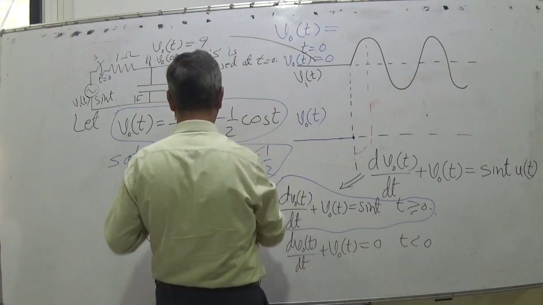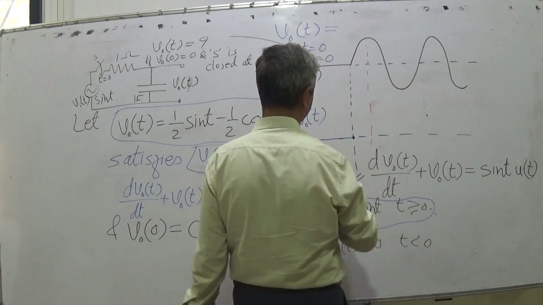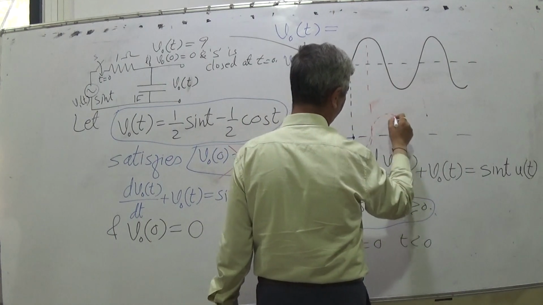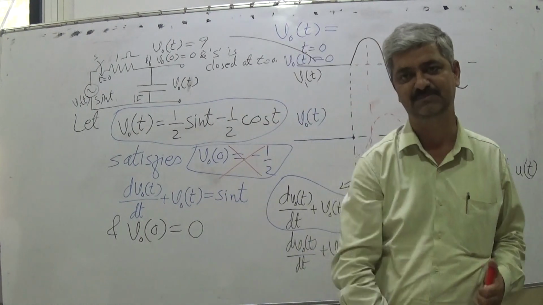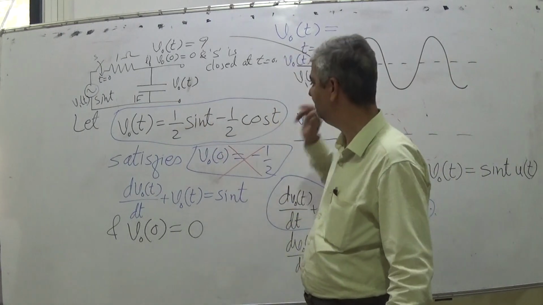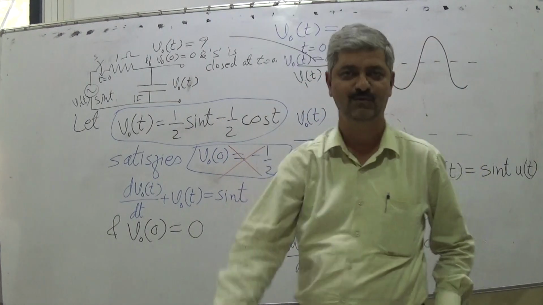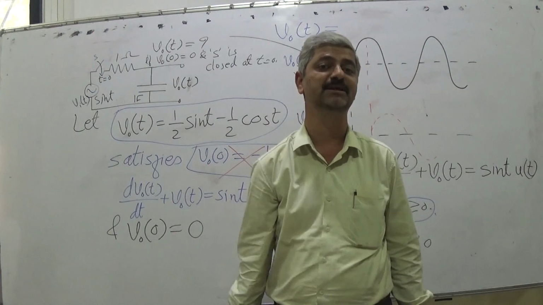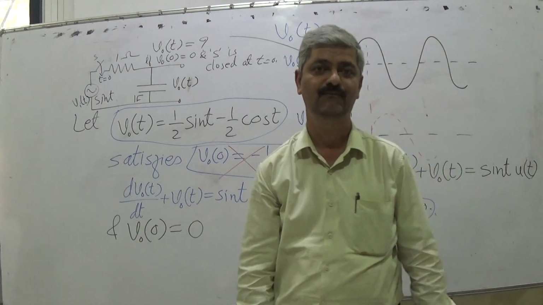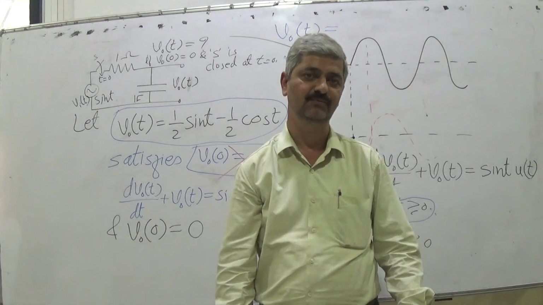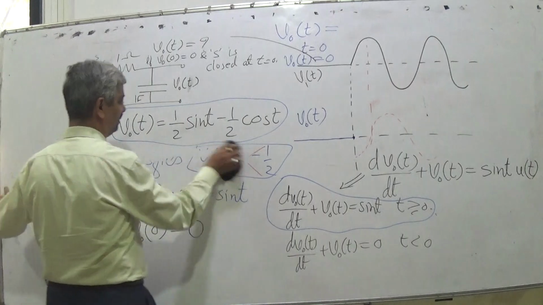Half sin t plus half cos t, in fact it becomes a sinusoid of this nature, a phase shifted nature. It becomes a 45 degree phase shifted signal compared to sin t, but at t equal to 0 it doesn't satisfy the requirement, and therefore it can't be the complete solution. So what we must have is the complete solution.